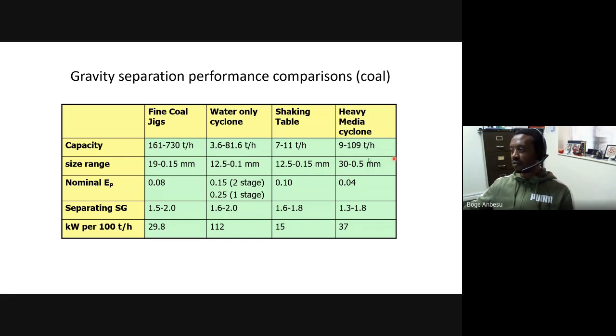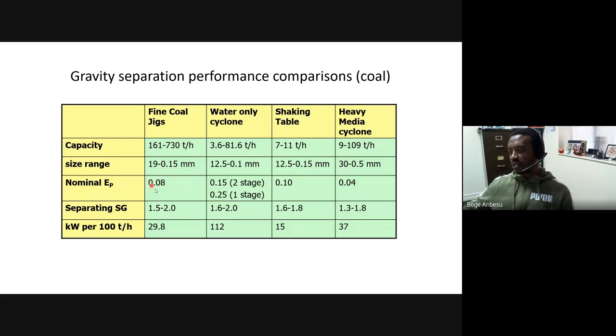you could have very coarse particles processed in dense media separation or in heavy media cyclones. Again, jigs can handle coarse particles, but the other ones are not really suited for coarse particles, especially when you're looking at particles that are 40, 50 millimeter in size.